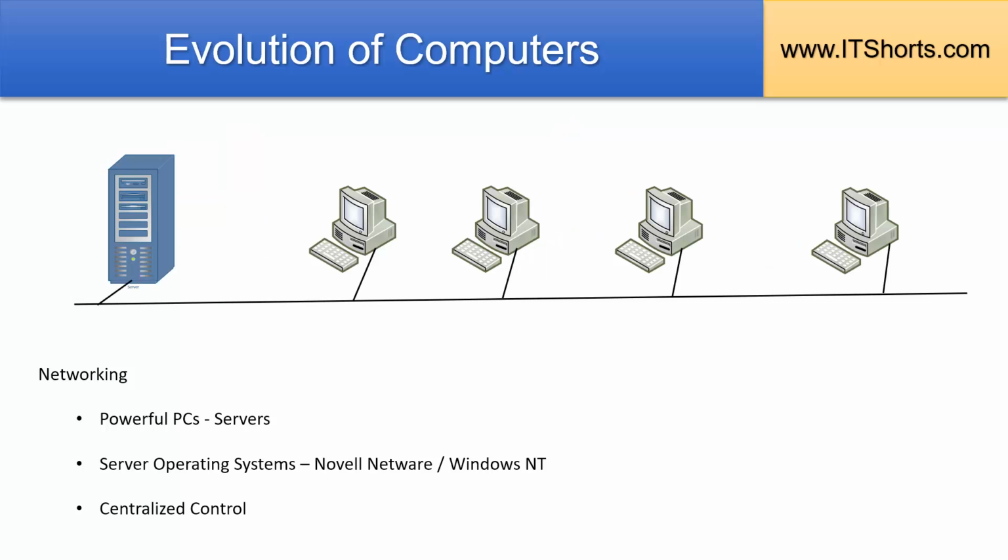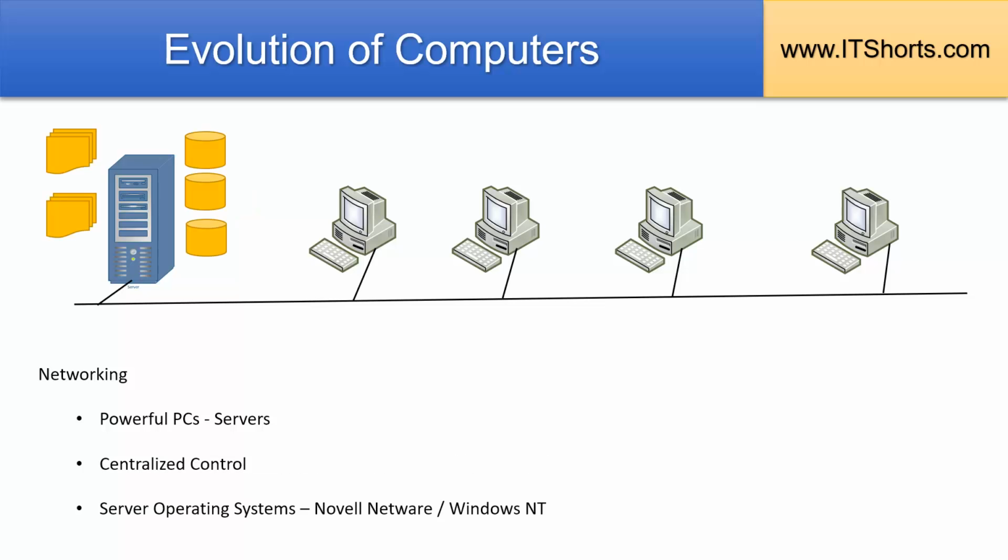Then centralized servers came into the picture as personal computers started becoming more and more powerful. This was due to the lightning pace at which the processors were becoming more powerful. This, along with the cost of storage and memory getting cheaper, enabled even small businesses to afford multiple powerful PCs.